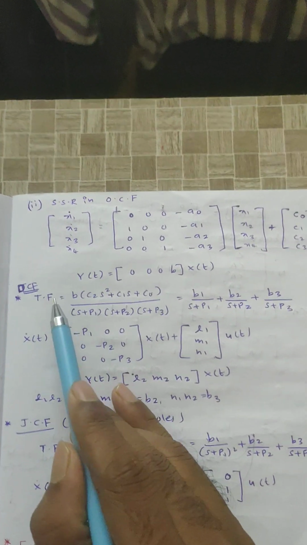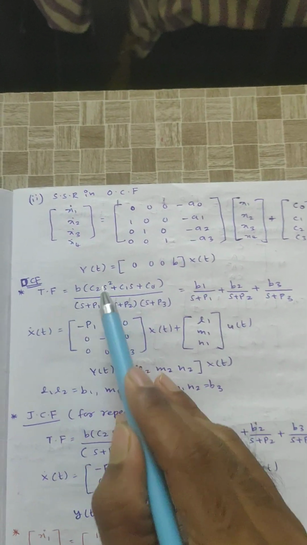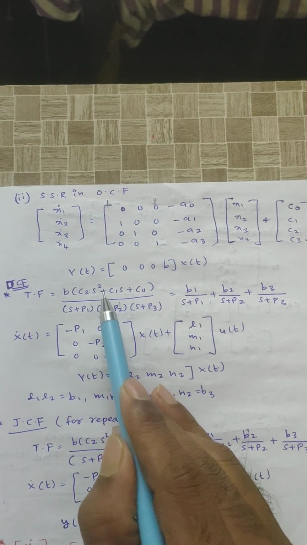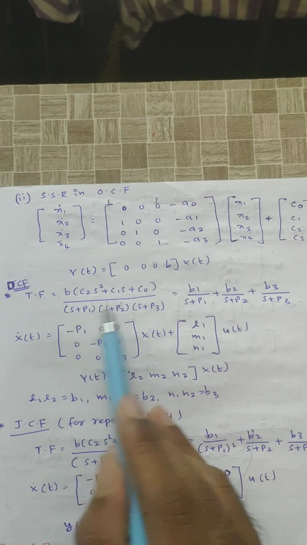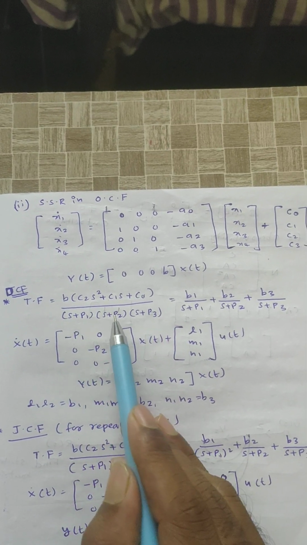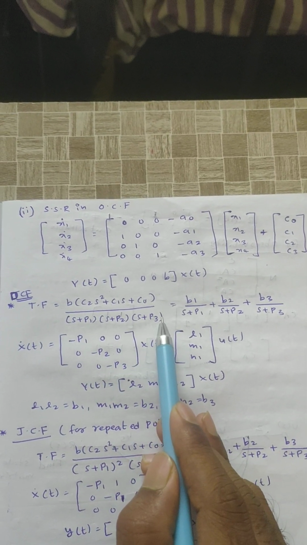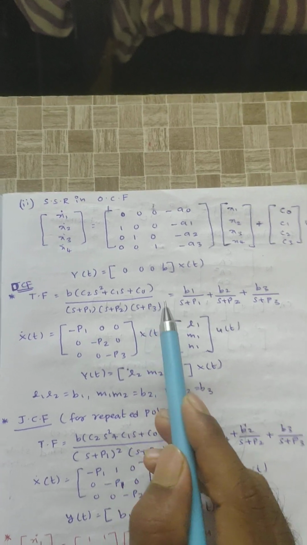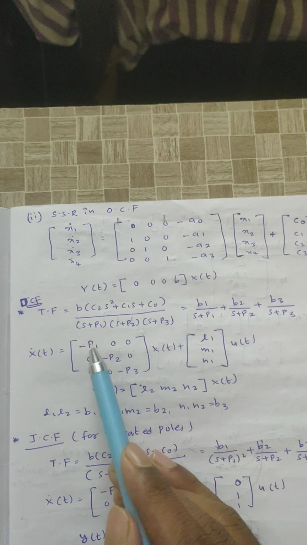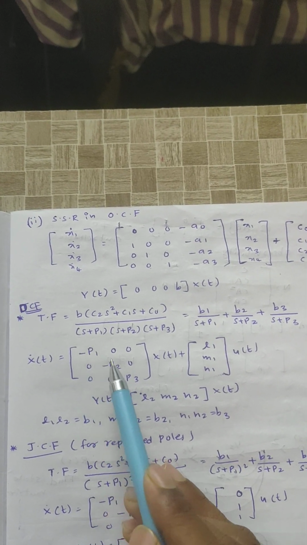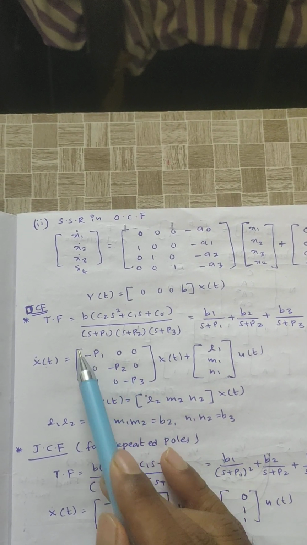Suppose the given transfer function is b into c2 into s square plus c1 s plus c0, divided by s plus p1 into s plus p2 into s plus p3. Then the transition matrix will be directly minus p1, minus p2, minus p3.